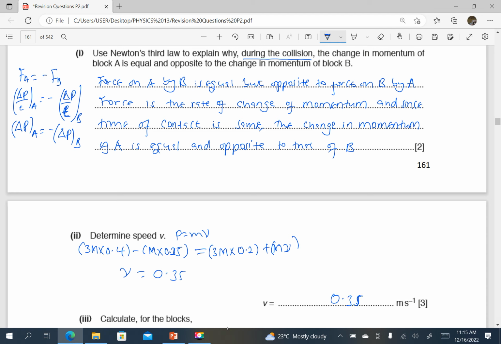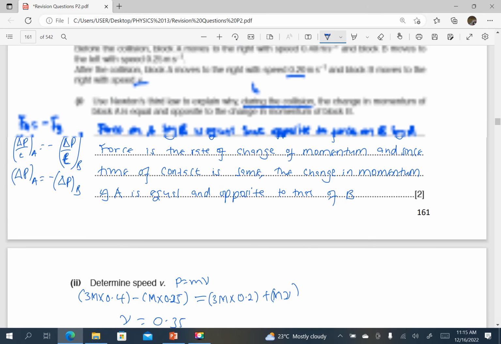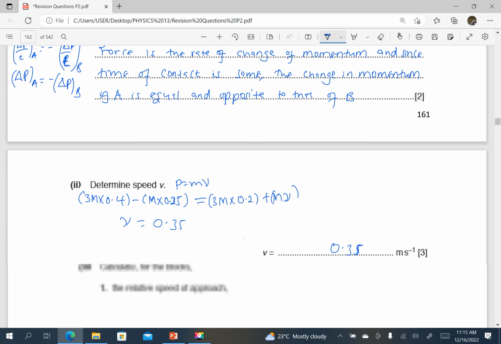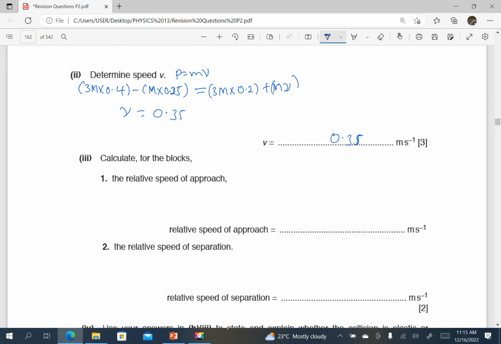Calculate for the blocks the relative speed of approach. We just subtract. So it is 0.4 to the right minus negative 0.25 to the left. The negative minus negative becomes plus, which gives us 0.65.